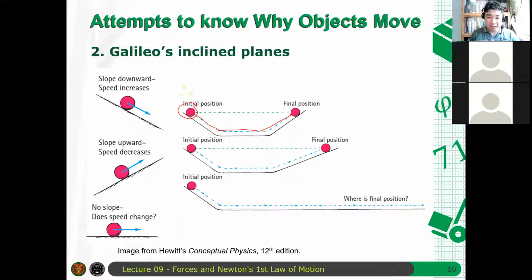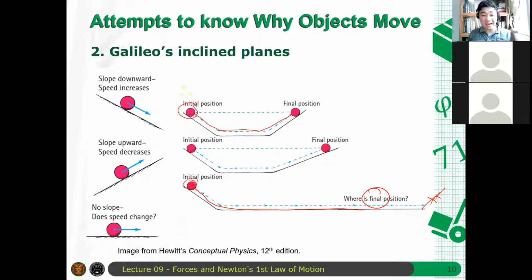Now what if at this initial position, I just let it go and there is no final height there? There is no final height. What will happen? Since there is no such thing as a final position here, what happens is that this object will move indefinitely in time. It won't stop, right?